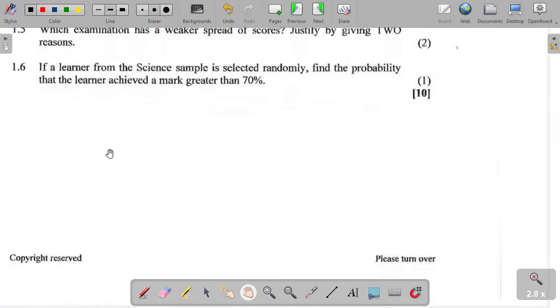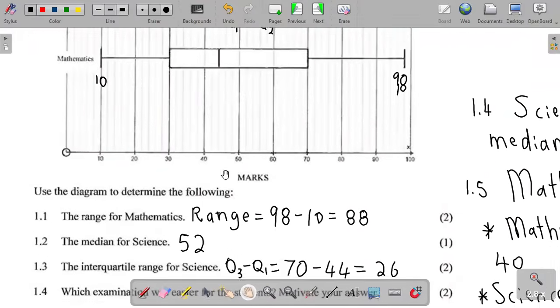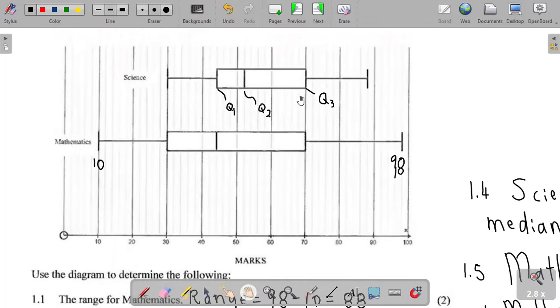And then 1.6, they say if a learner from the science sample is selected randomly, find the probability that the learner achieved a mark greater than 70%. So this is science. 70% is the third quartile.